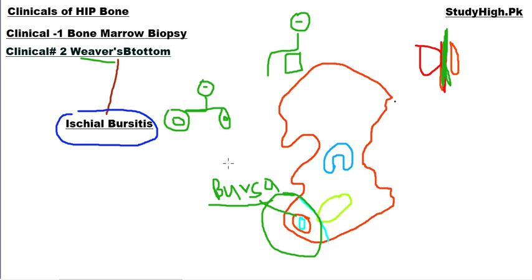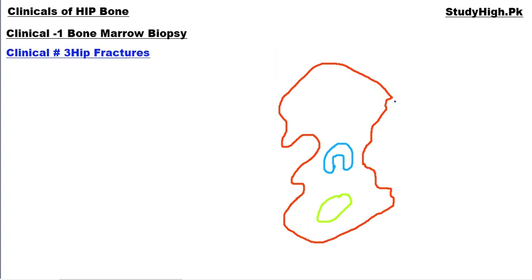Due to the inflammation of this bursa, there is pain in this region, in the upper or lower buttocks, etc. So this is our second clinical topic related to the hip bone that you must know, that can be asked in your professional exams of MBBS, etc.